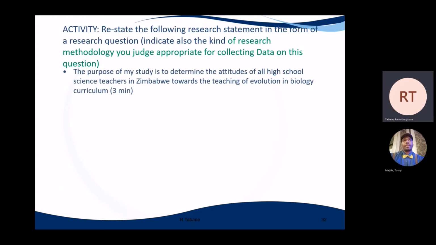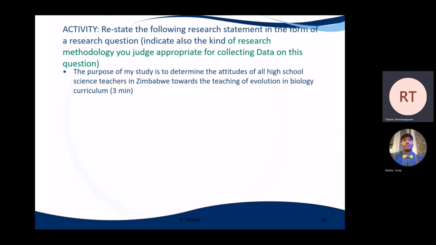So here is an example that I left for you to look at, read it, and engage it. I want you to look at it, and I want you to take your pens and state this research statement in a question format, and I want you to indicate the kind of research methodology you judge to be appropriate for collecting data for this question that you would have crafted.